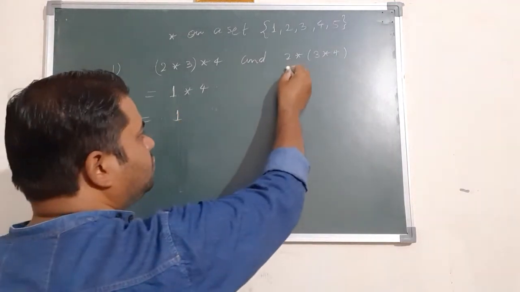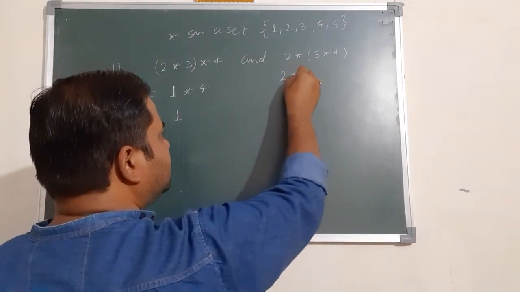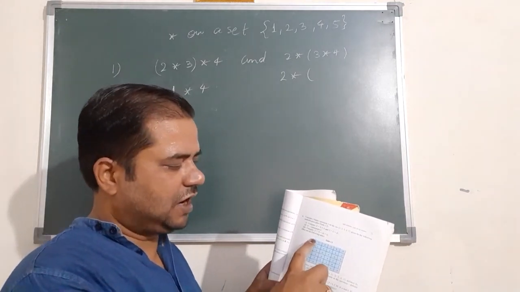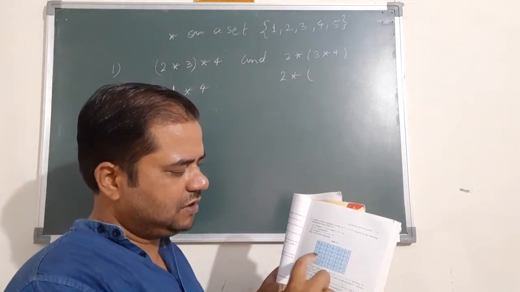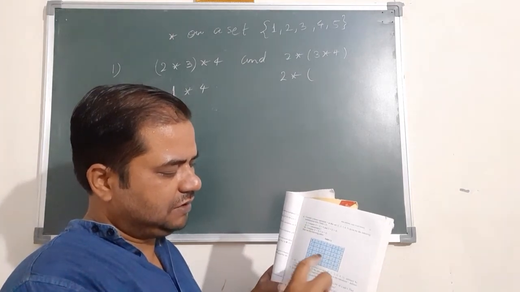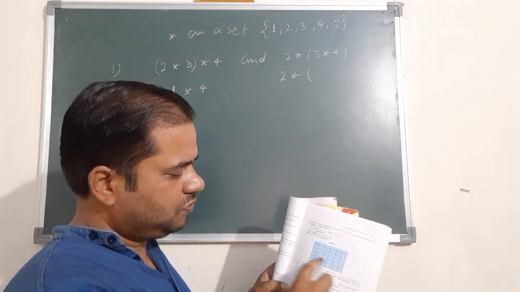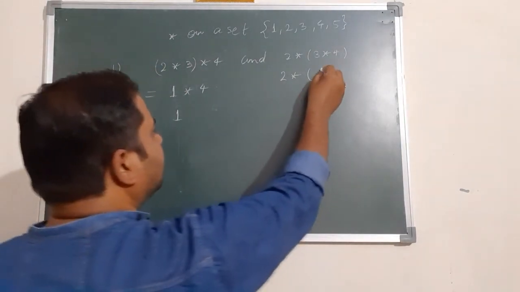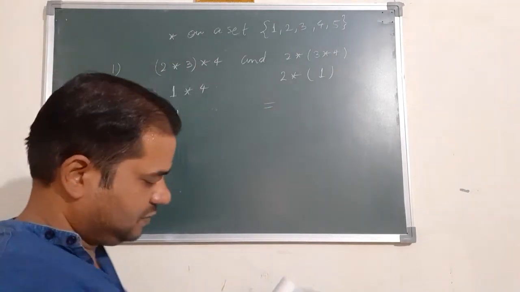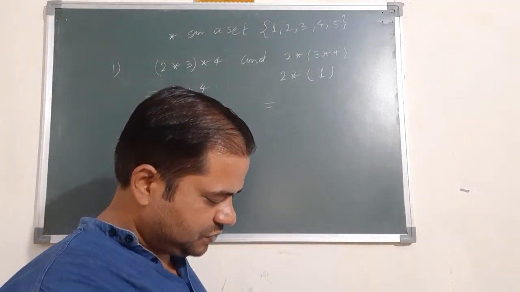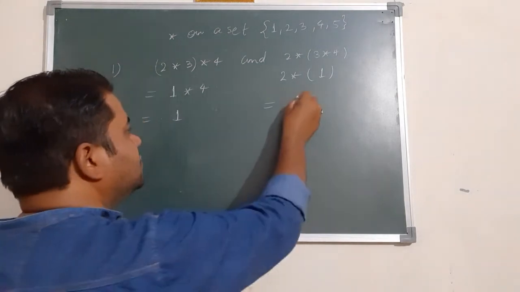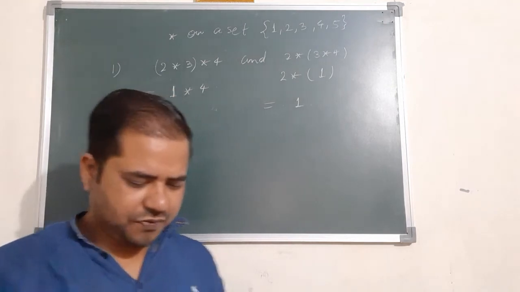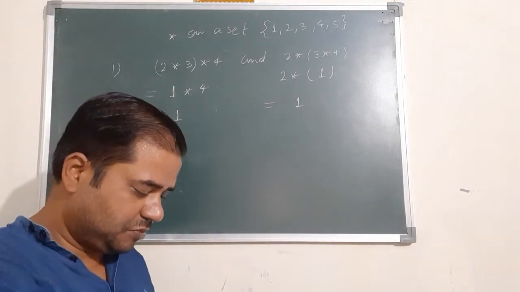And if you find 2 star (3 star 4), see 3 star 4, look at the row of 3. So 3 star 4 is 1 only, and 2 star 1 is again 1. So what you see here? Both are equal.